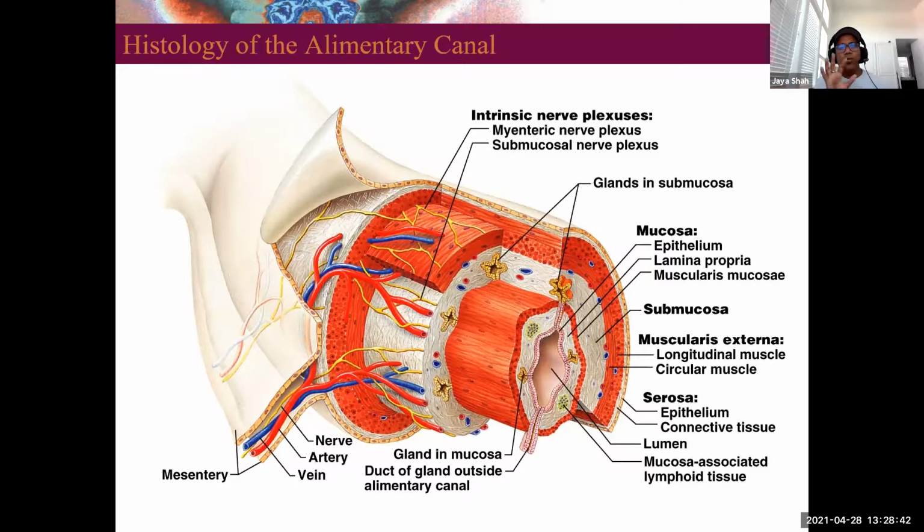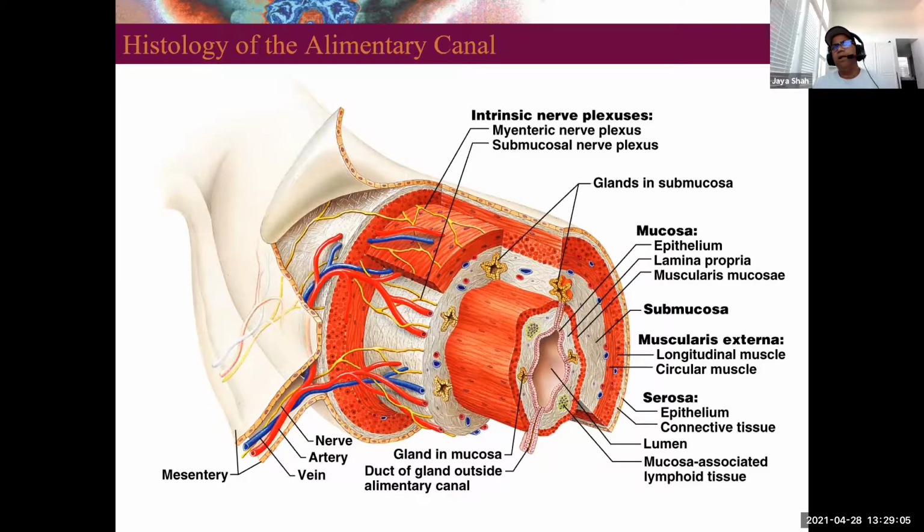Here we are taking the typical histology of the tract, particularly the structure from the small intestine. There will be slight differences in different regions: in the mouth, the esophagus, the pharynx, the intestine, the anus.